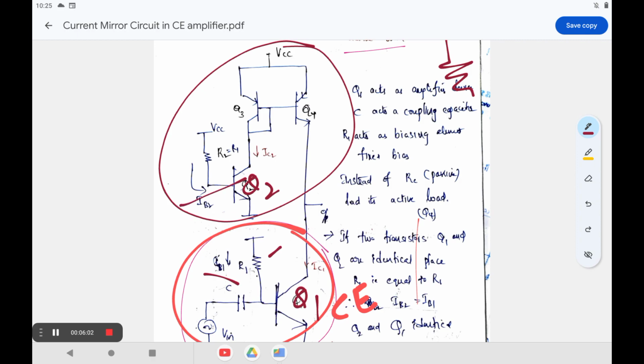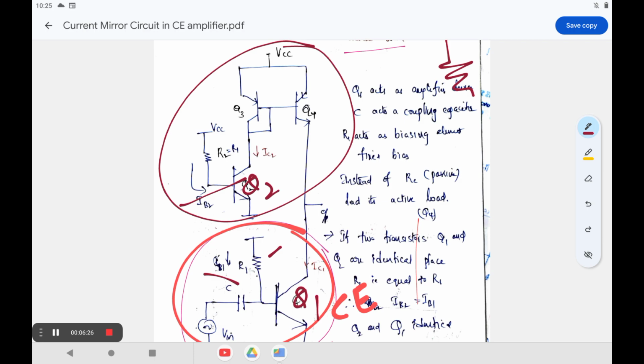At the same time, from the Q2 point of view, Q2 also has identical properties or characteristics to Q1. Therefore, IB2, that means the current passing through the base of the Q2 transistor, is equal to the base current of transistor 1.